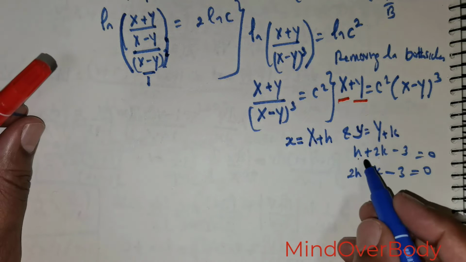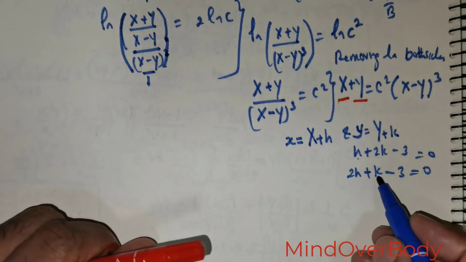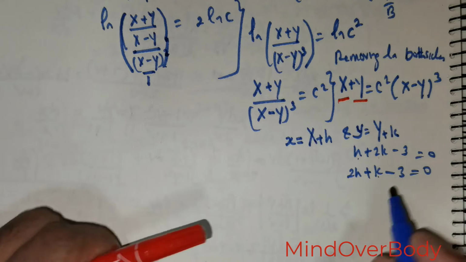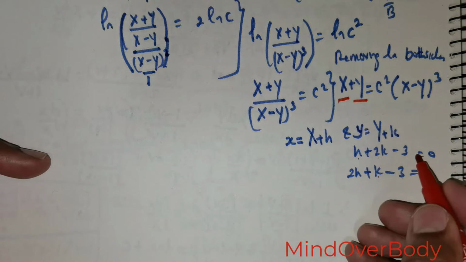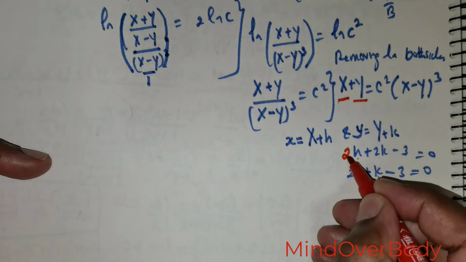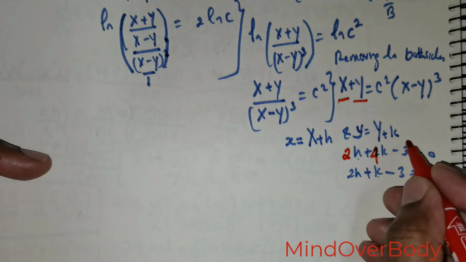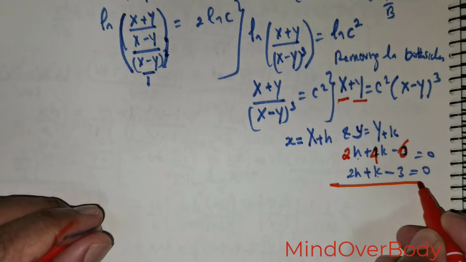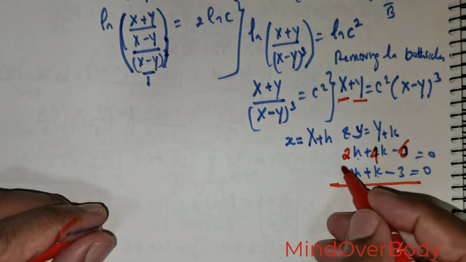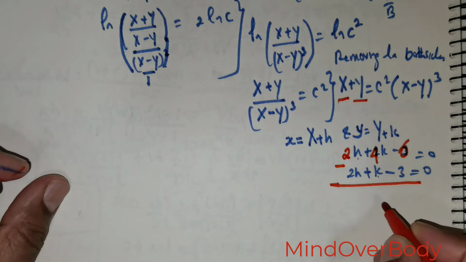Now if you remember, I have taken H + 2K - 3 = 0 and 2H + K - 3 = 0. So what I'm going to do is multiply this by 2. So this is going to be 2 times H, and this is going to be 4, and this is going to be 6. So now I'm going to add them both. In fact, I'm going to subtract. So that means I have to change the sign.